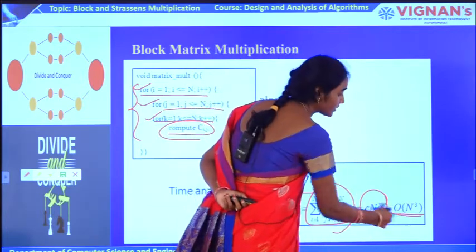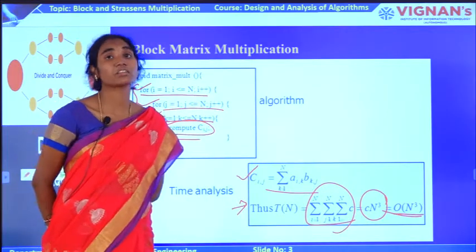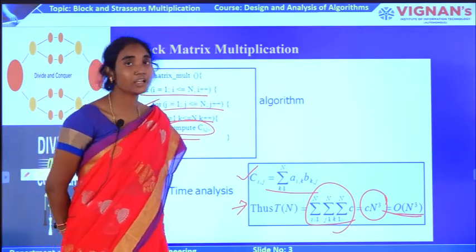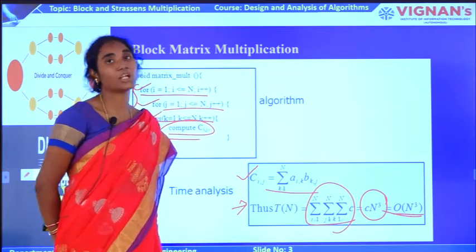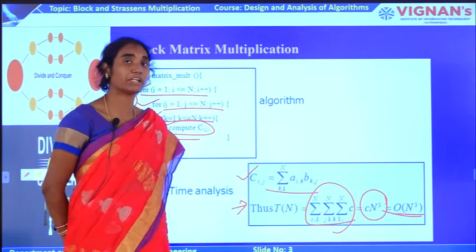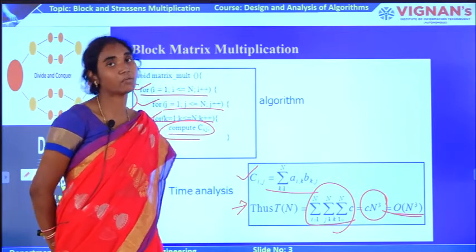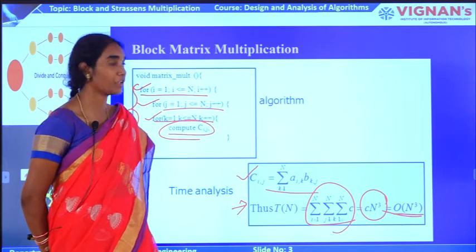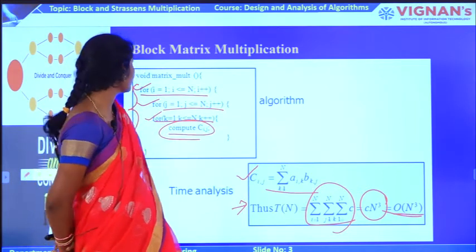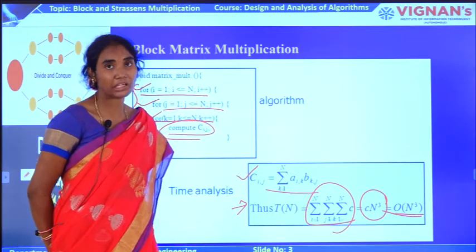Finally the time complexity is big O of n cube, that is when the rows and columns are equal. Whenever the rows and columns are not equal, it will be a separate case, but under the analysis part we will take m equal to n, and in that case I will have big O of n cube. So this is the time required for Block matrix multiplication.